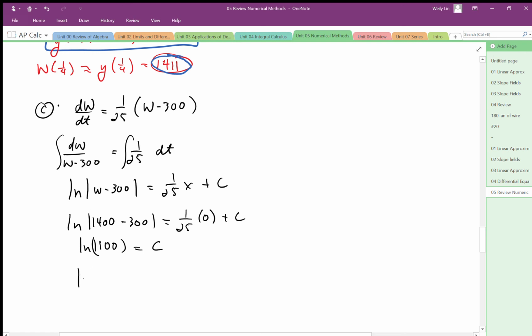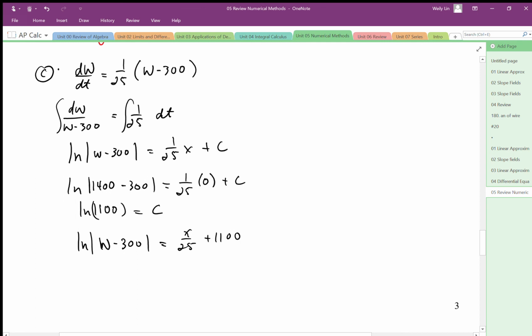So I'm going to end up with log|W - 300| equals t over 25 plus log 1100. Solving for W, put it into the exponential expression, e to the t over 25 plus log of 1100.